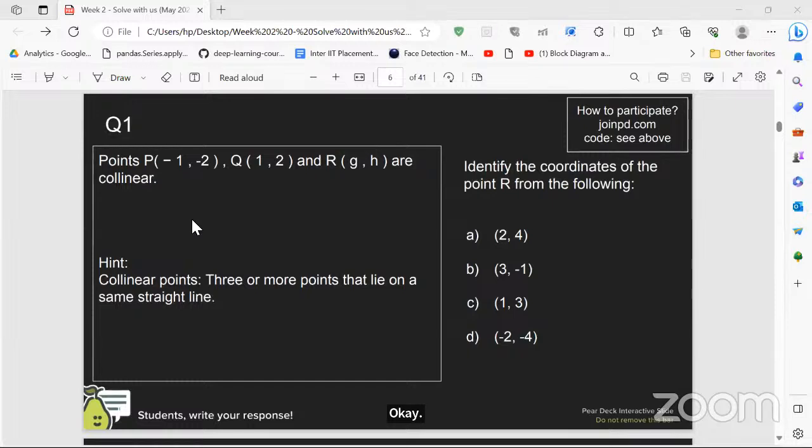Sir, can you repeat the code? Is the code C above? We join the PR like this. Where is the code to join the PD?